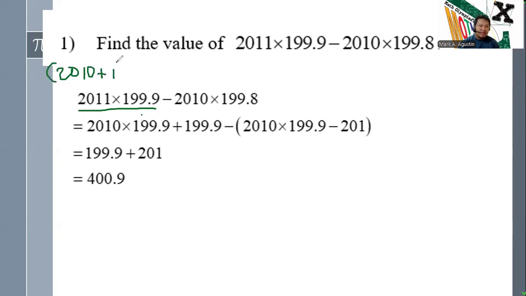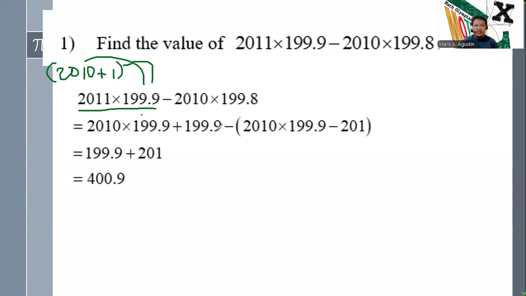Then we can distribute the 199.9 to each one of them. By distributing, the resulting expression will be 210 times 199.9 plus 199.9 times 1, that's 199.9. So that's what we did there. We expressed 211 that way.